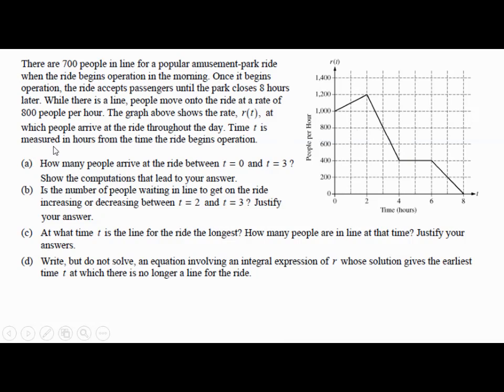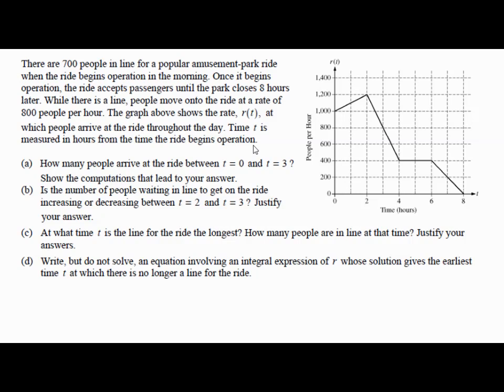Time t is measured in hours from the time the ride begins operation. So even though we have a graph of the rate at which people are going into the line, technically we have two rates. We have the one where people are getting in line, and we also have the one where people are getting on the ride.